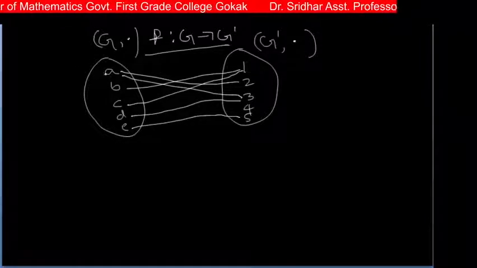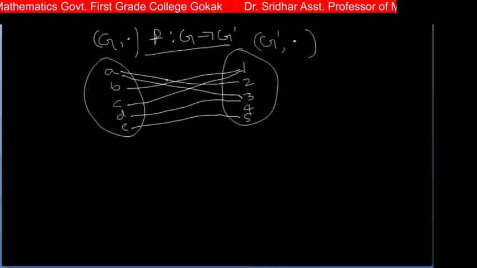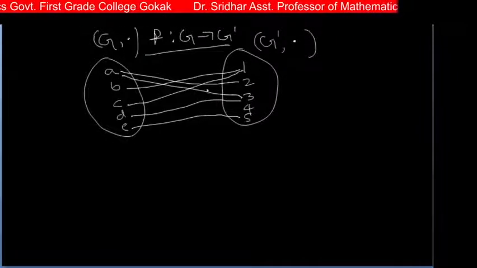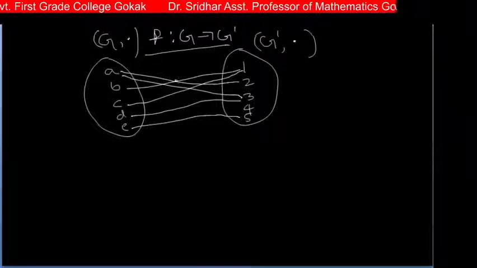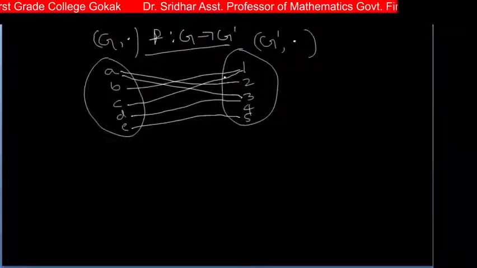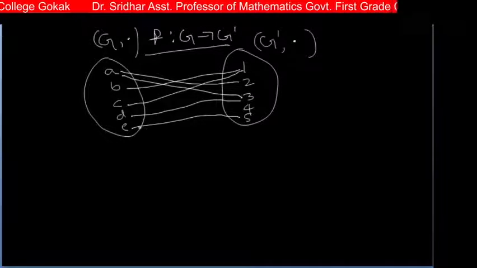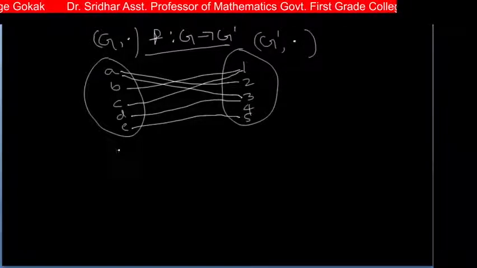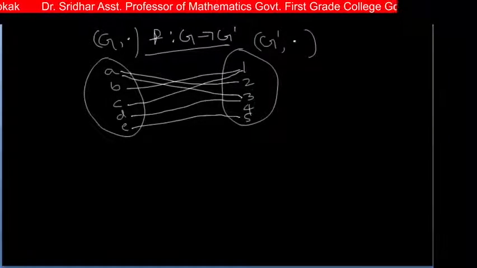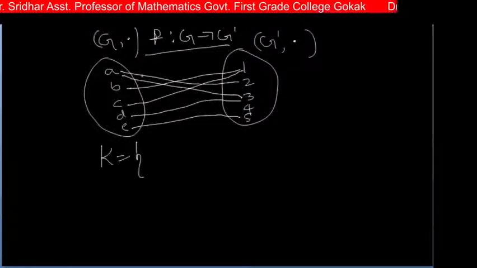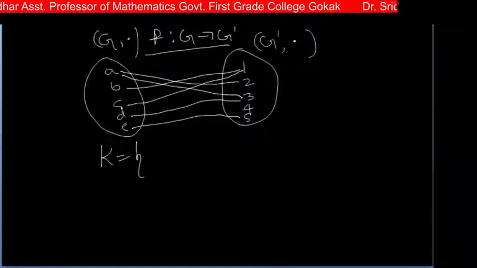So now see here, the image of A is 2, image of A is 3. Next image of B is 1, image of C is 1, image of D is 3, image of E is 5, correct? So the kernel is the subset of G containing the elements whose images are 1.